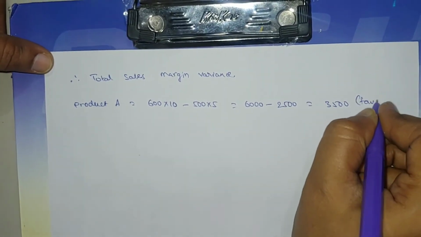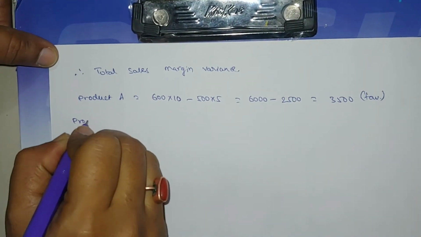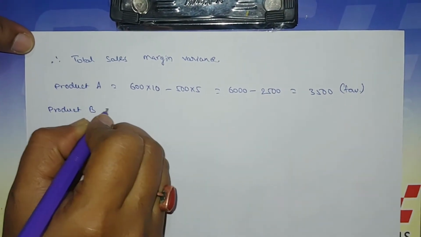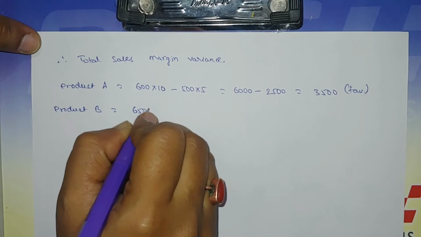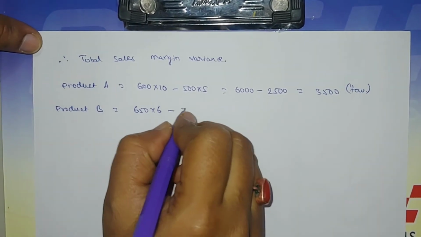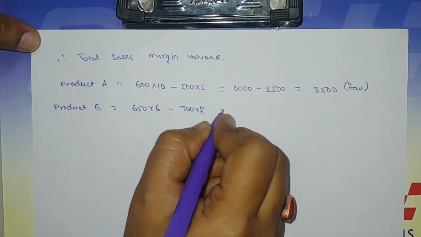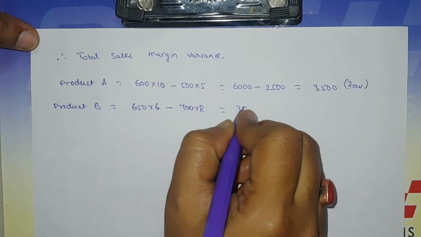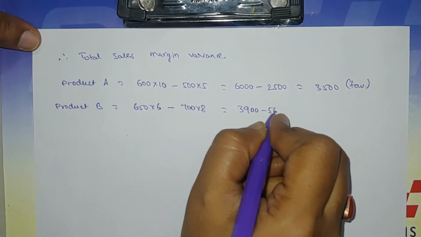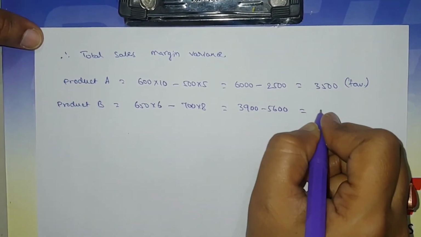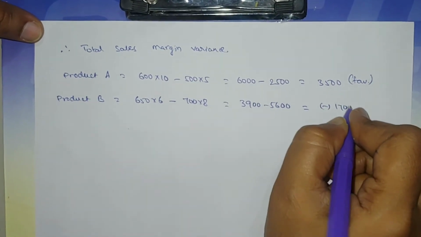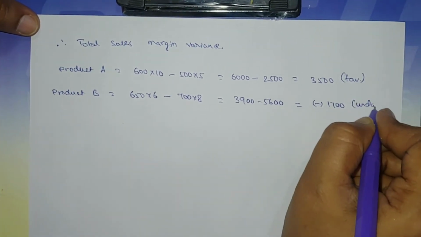It is favorable. Next, product B is equal to 650 into 6 minus 700 into 8, equal to 3900 minus 5600, which is minus 1700. It is unfavorable.